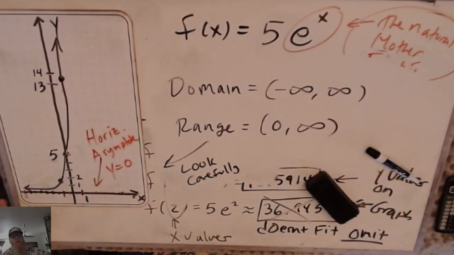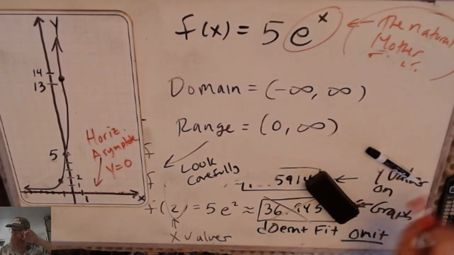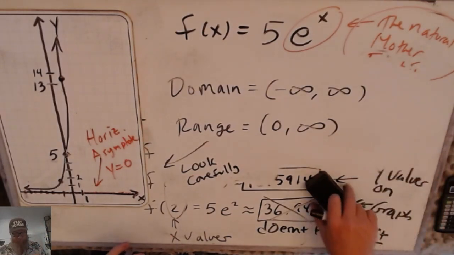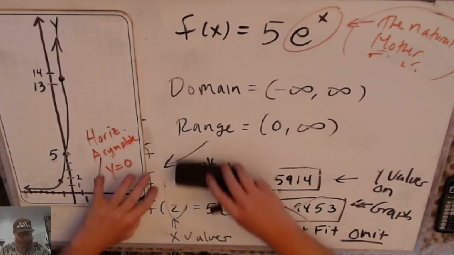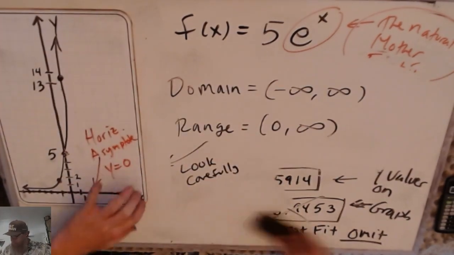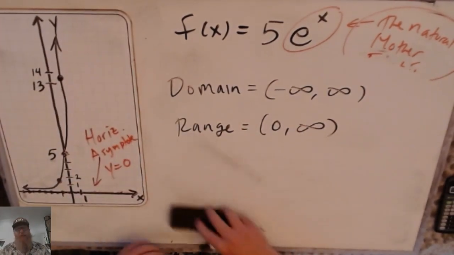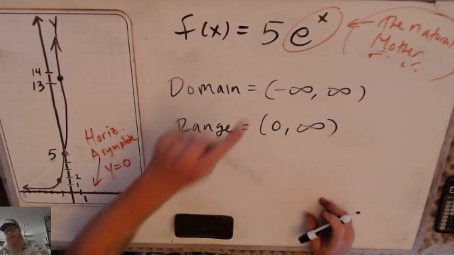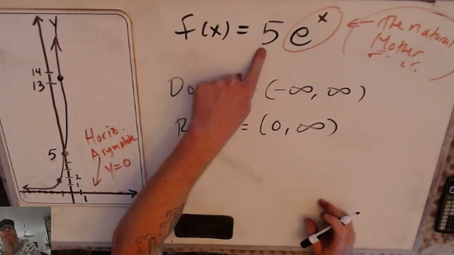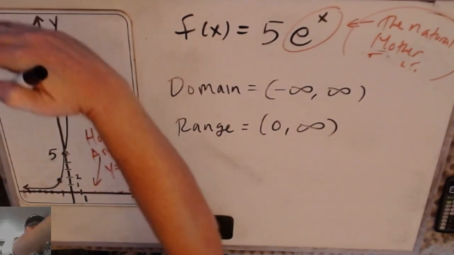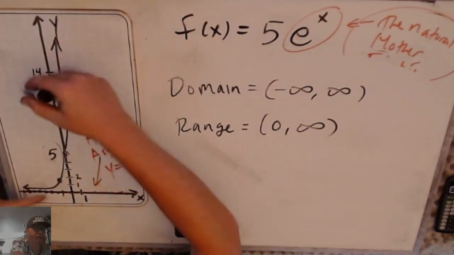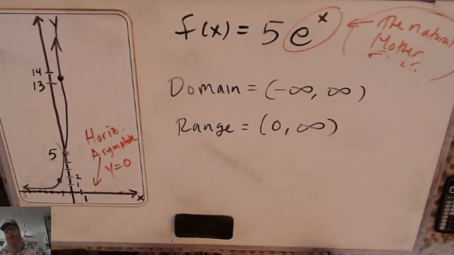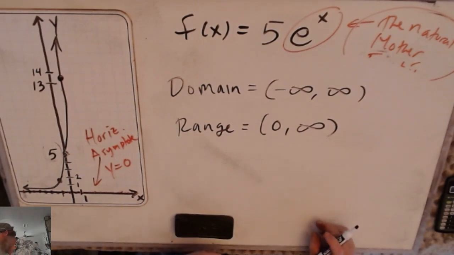It has a floor at y equals 0. All right, so that's your first look at the natural exponential function. This one has been multiplied by 5. And that's what stretched out these y values and made them so much larger than the other y values that we had in the past.